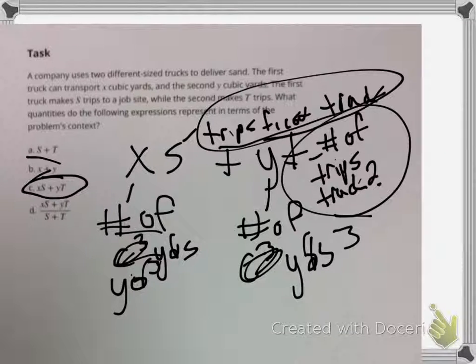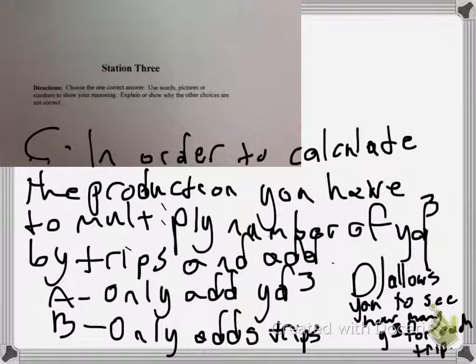And D would tell me, if I figure out how many total cubic feet divided by the number of trips, it would tell me how many total cubic yards that I had. So I want to know the total cubic yards. And right there you'll see how I describe each part of that.